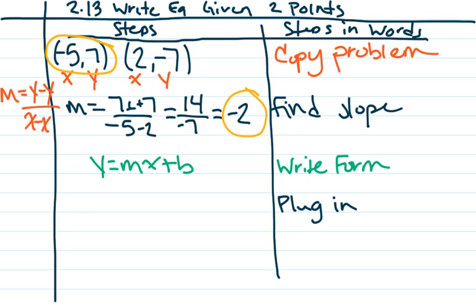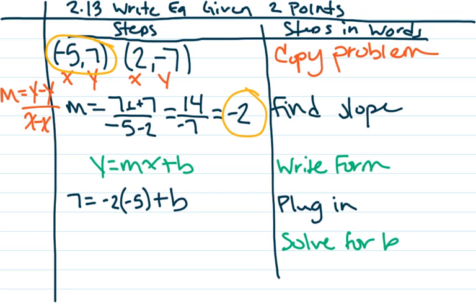So we have 7 equals negative 2, which is the slope we found, times negative 5, which is the x, plus b. And then we're going to solve for b. So we have 7 equals negative 10 plus b. We're going to add 10 to both sides.